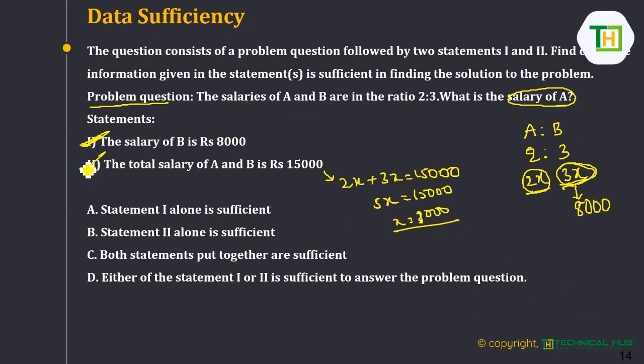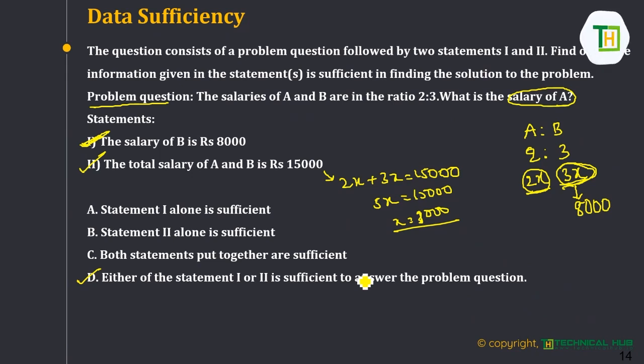Then what is the correct answer according to the options we have? Either statement 1 or 2 is sufficient to answer the problem question. You take statement 1 alone, you can answer. If you take statement 2 alone, you can answer. So either of the statements is sufficient here. Just because you got the answer using statement 1, please don't stop there and don't go with option 1.